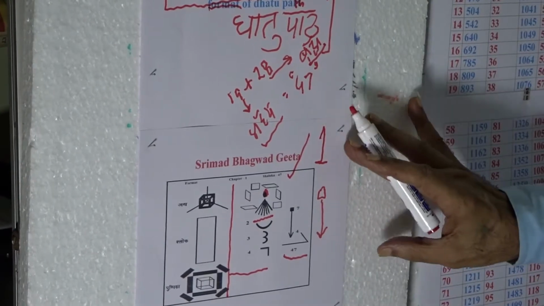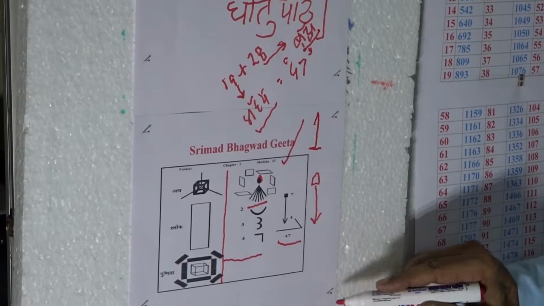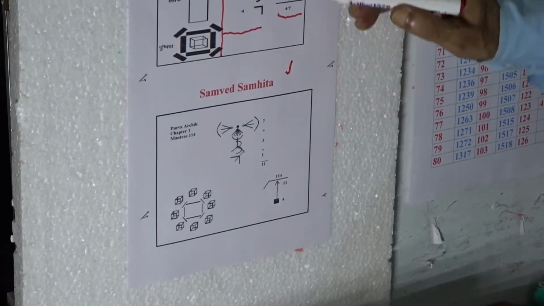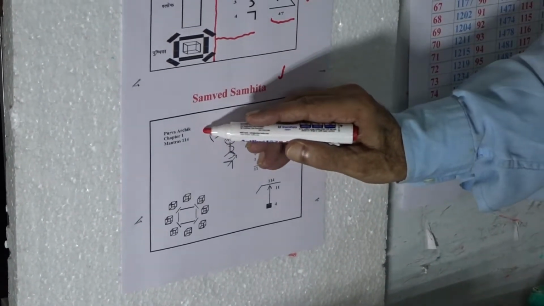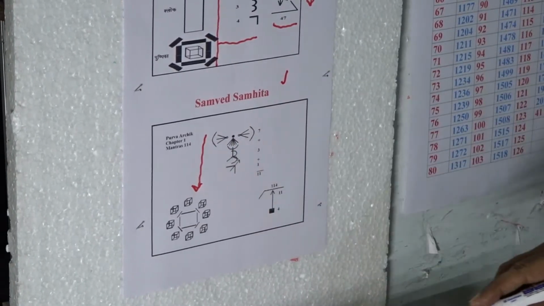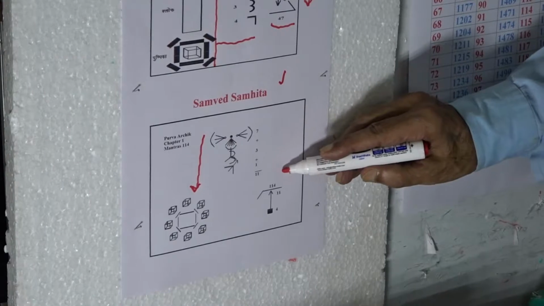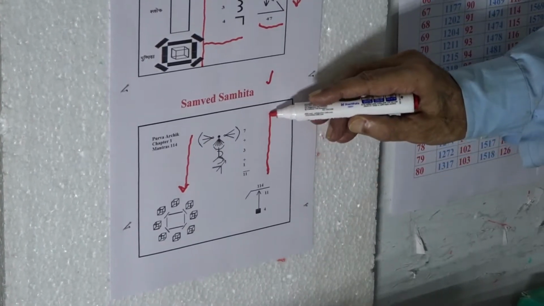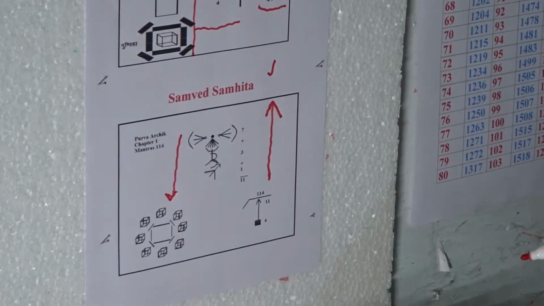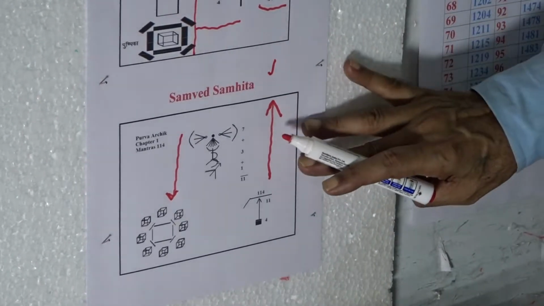Then in this sheet, the second part is a flow chart of Samved Samhita. In Srimad Bhagavad Gita, there is a flow from Bindu Sarovar reaching up till the creators of space Kushupika, while in Samved there is a transcendence upward, and it is this transcendence upward which is giving us a flow chart.